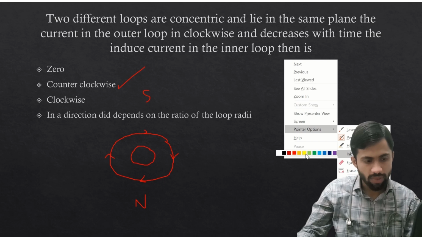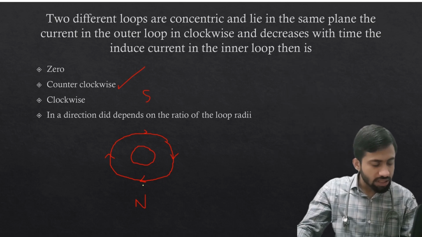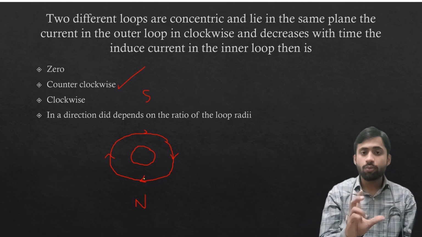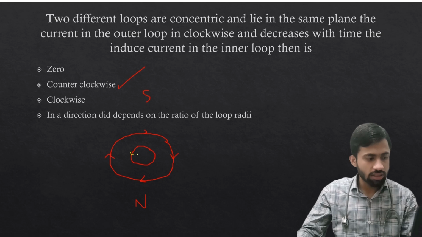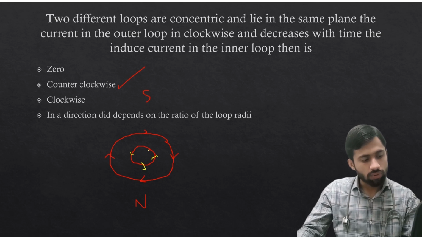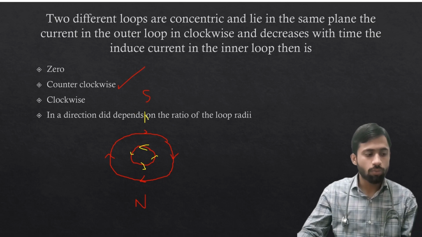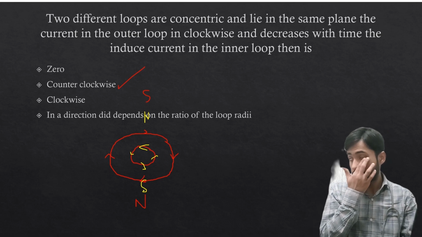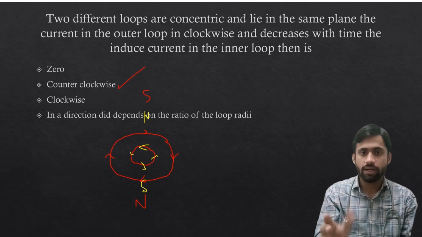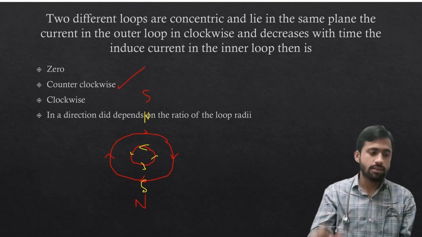Now the current inside will be such that these poles are repelled, so the direction will be counterclockwise, and this will produce a north pole upward and south pole downward. This will repel the cause that is inducing the EMF in it. So basically that's the reason.